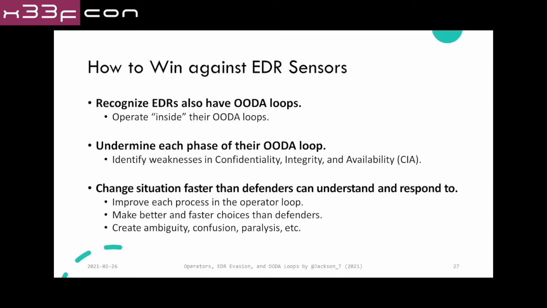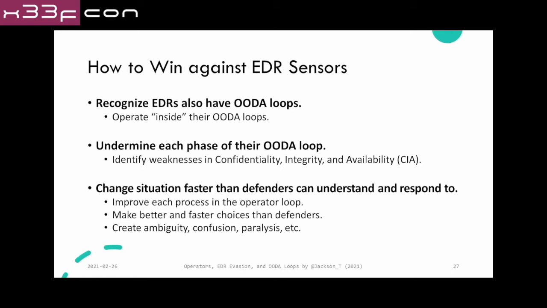Although defenders have been catching up quickly, which is great, attackers still fundamentally have more agility by operating in smaller and nimble groups. So essentially, what you do is improve each process in your operator loop in a way that allows you to make better and faster choices than defenders. And as a result, this can create some ambiguity, confusion, paralysis maybe to some degree, but according to this model, it'll slow down their ability to respond.